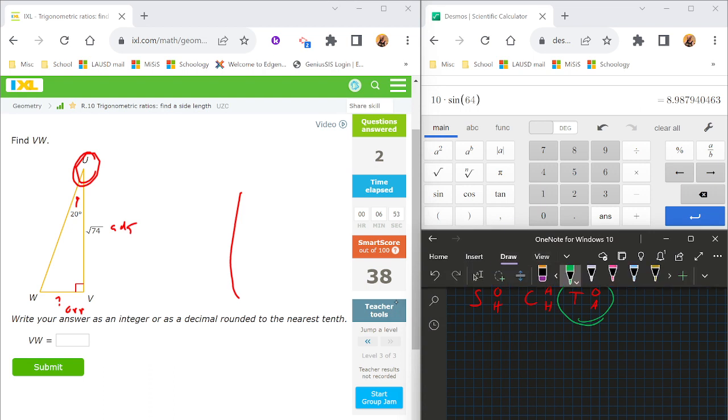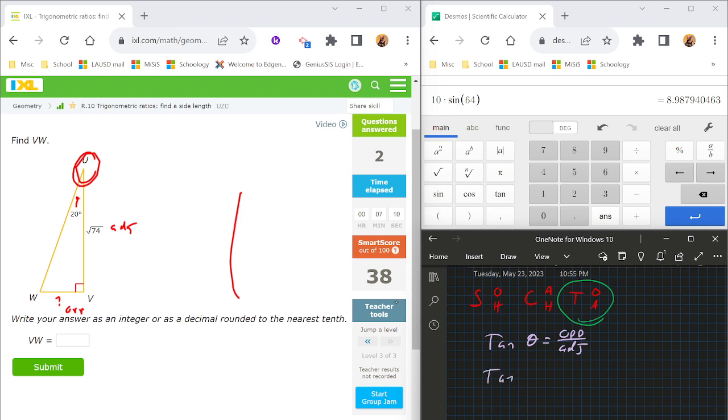I'm ready for a new color. So I know, again, thinking tangent of some angle equals my opposite leg over my adjacent leg. So I've got tangent of 20 degrees equals VW over the square root of 74.